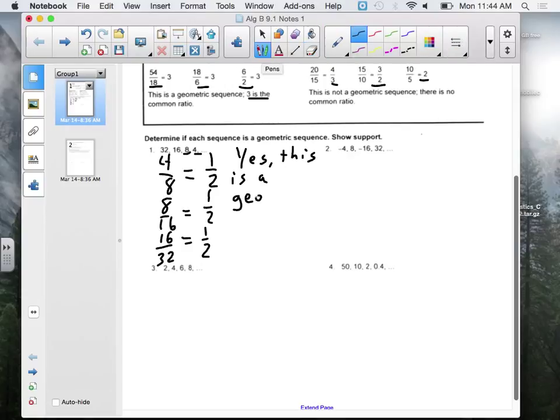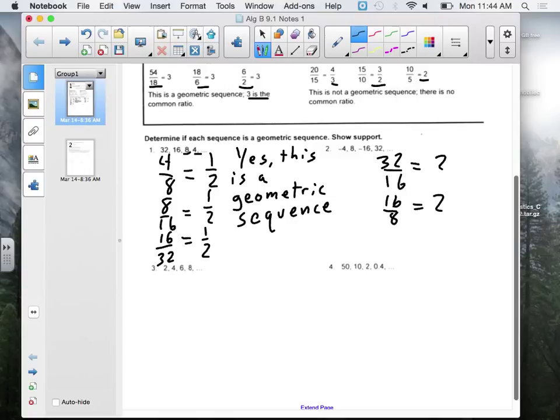Okay, so would it ever be possible to go backwards, like 32 over 16 and 16 over 8 and 8 over 4? You could try it. So say that again. Have 32 over 16. Okay, I'll just do it over here. You're gonna get 2. So that equals 2, 16 divided by 8, that equals 2.